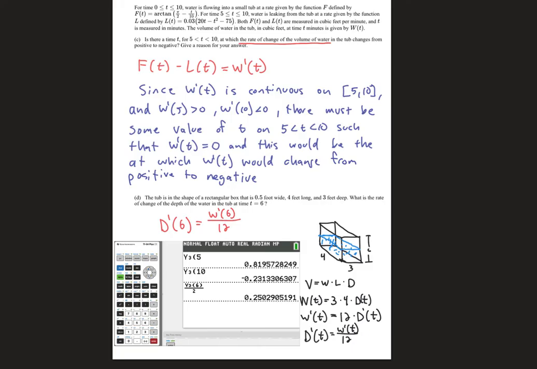That shouldn't have been 12. It's 0.5 feet wide, not 3 feet wide. So this should be a 0.5 here, which will make this a 2. And that's right now. So this should be divided by 2, not 12. Let me fix that. That'll be a 0.5, which will make that a 2, and that a 2. Okay, that's perfect.